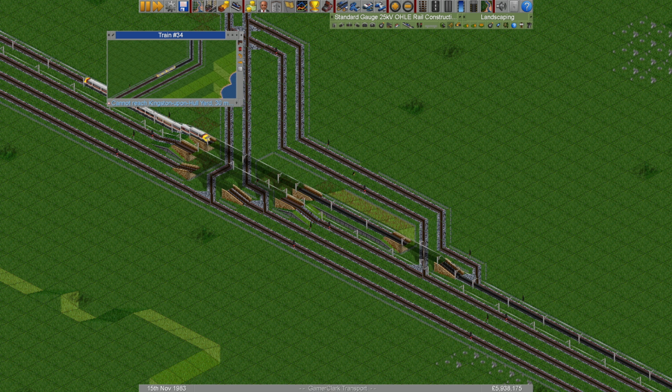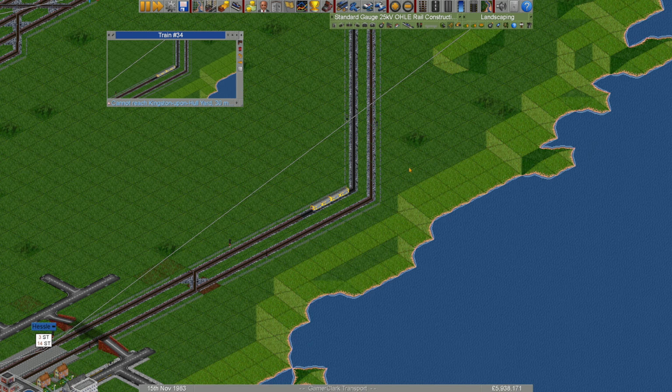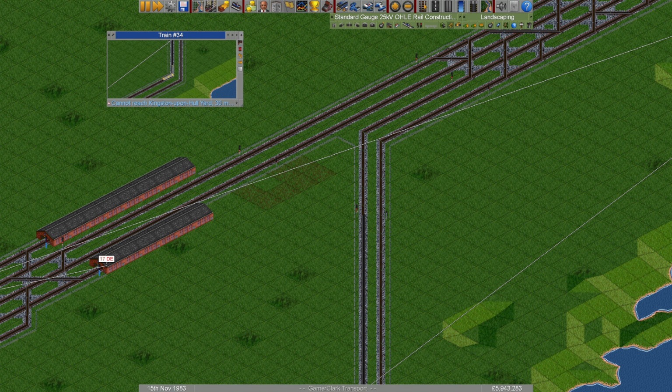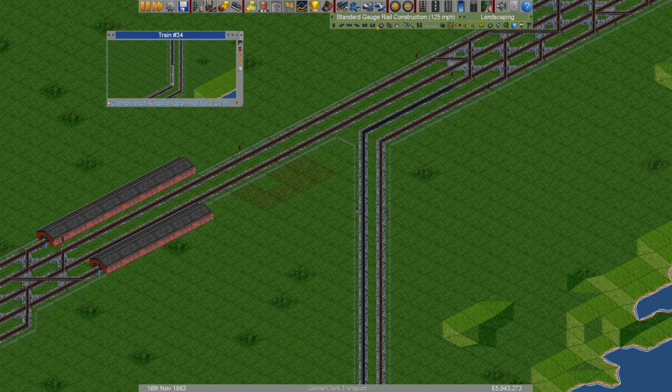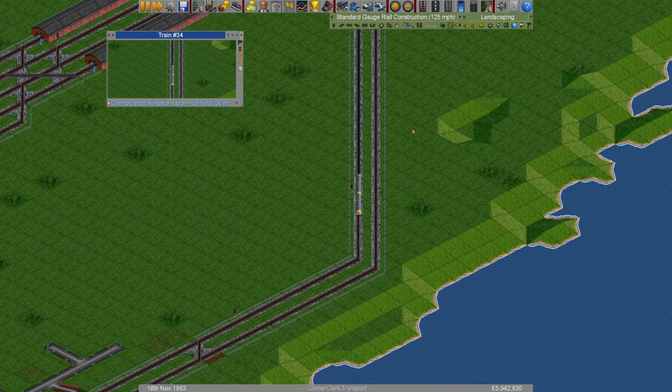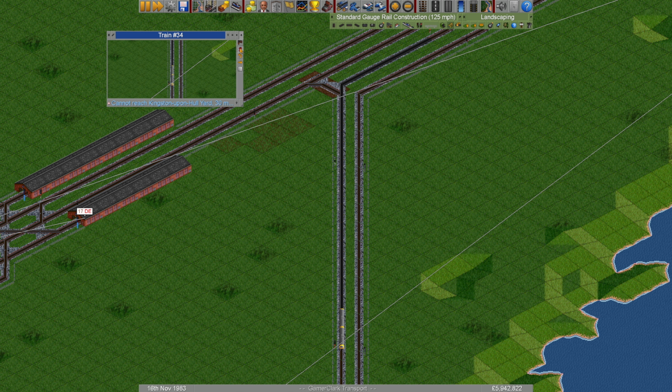That's annoying, isn't it? Let's put a standard gauge in that. So that's not going to work, is it?